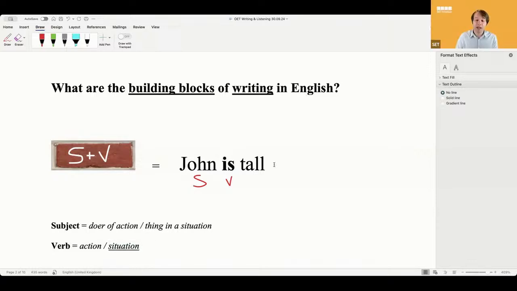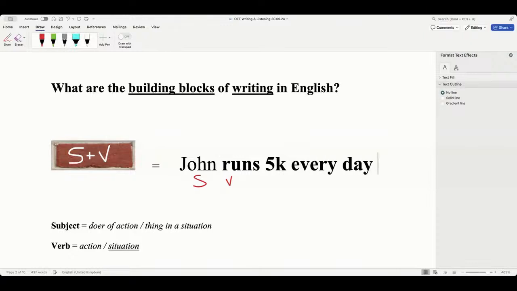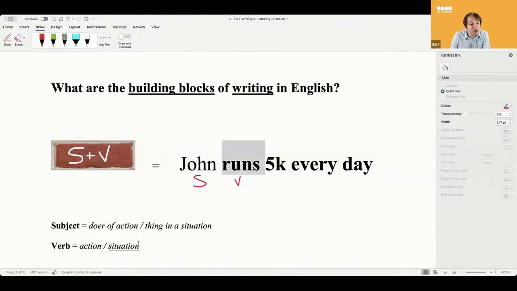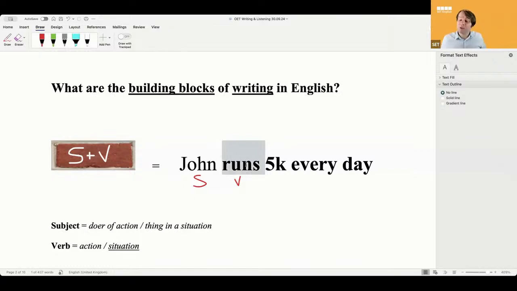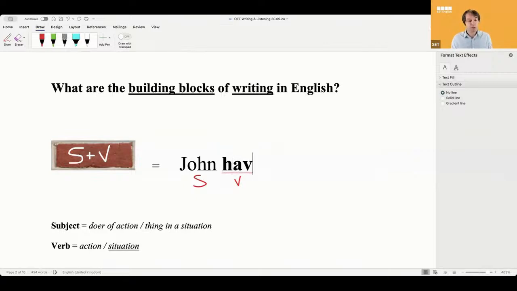Okay. What if we say John runs 5K every day? That's an action. It's simple, isn't it, guys? The verbs can be situations or the verbs can be actions. Can someone give me another example of a situation verb? I have a car. What's another situation verb?